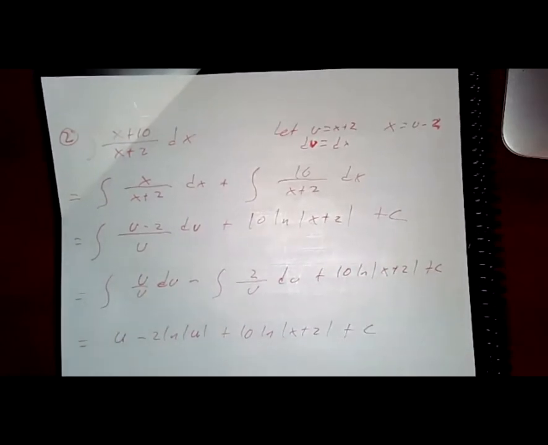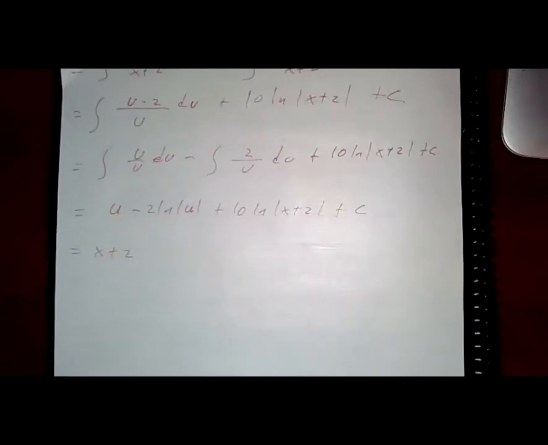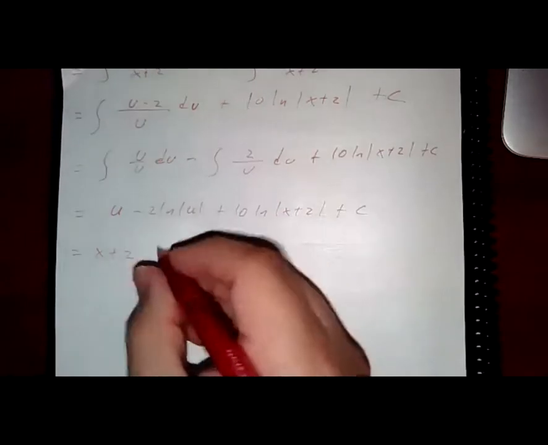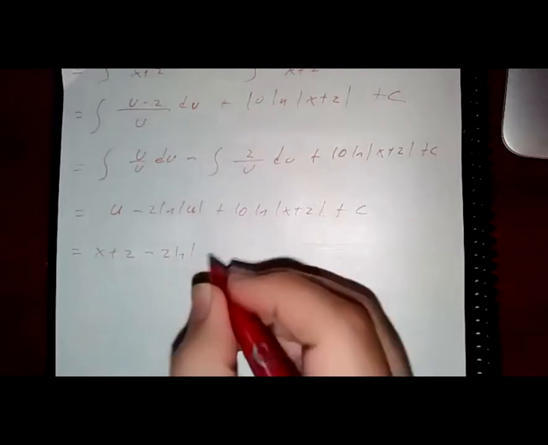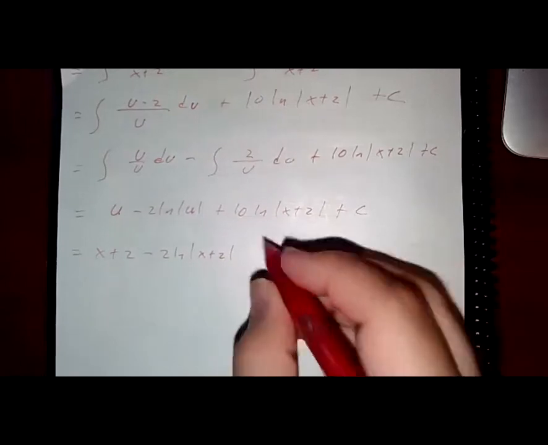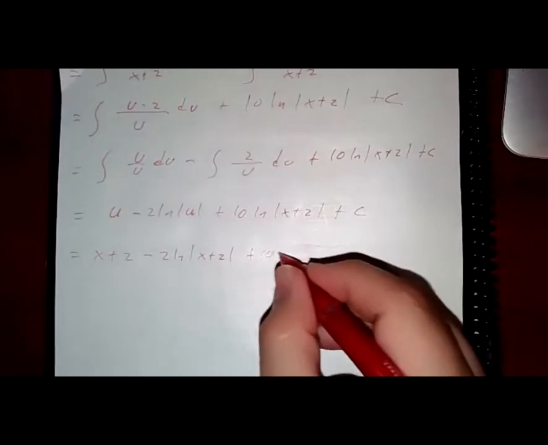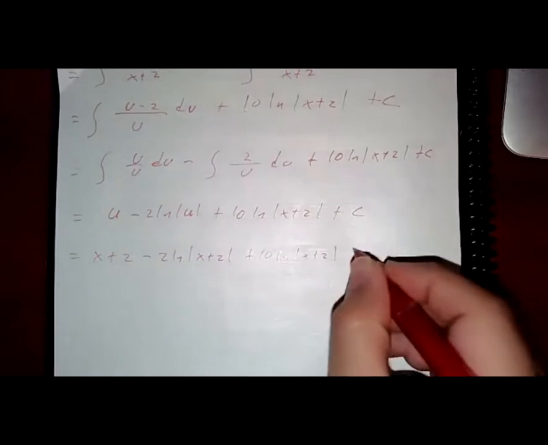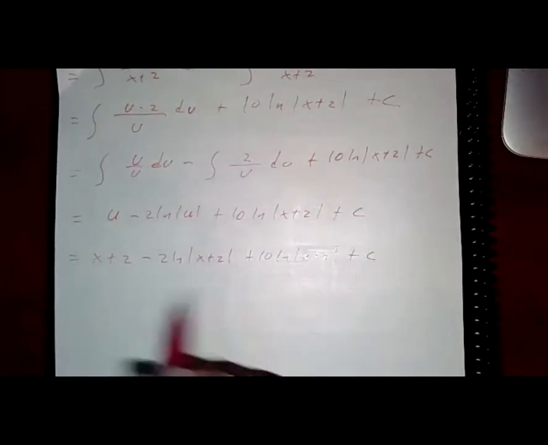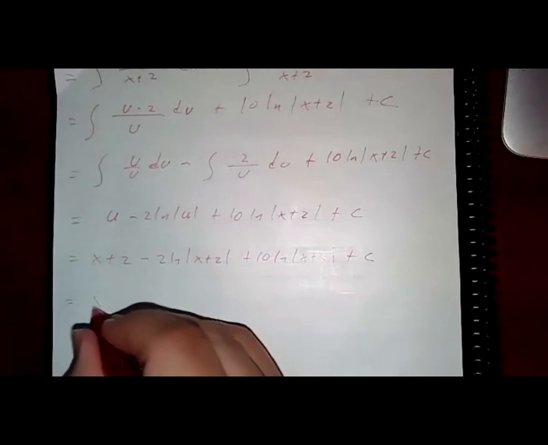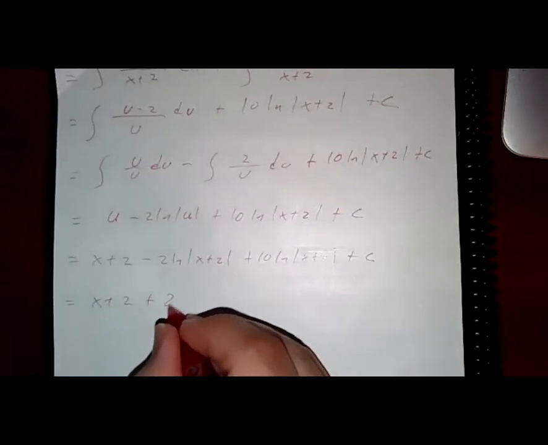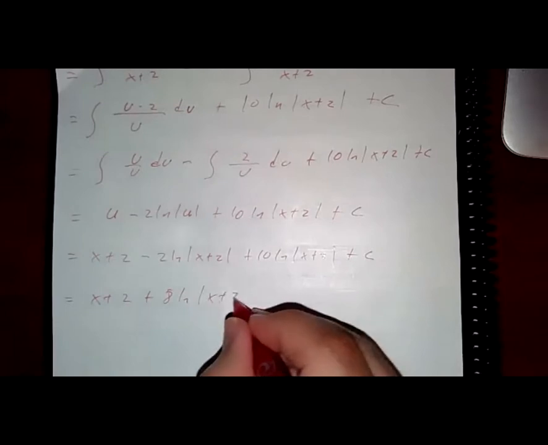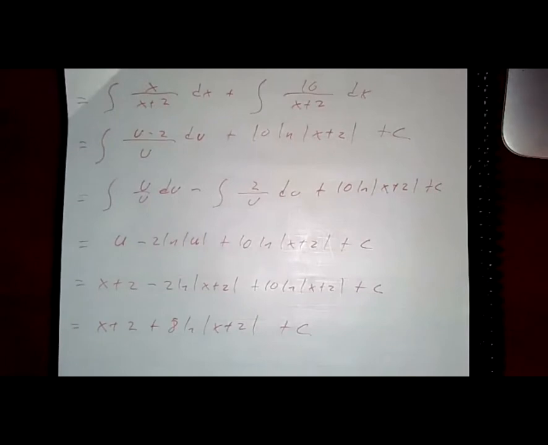Bring back all the u's, that would be x plus 2 minus 2 ln of x plus 2 plus 10 ln of x plus 2 plus c. These will combine, right? Giving you x plus 2 plus 8 ln of x plus 2 plus c. Are there any steps or ideas that don't make sense?